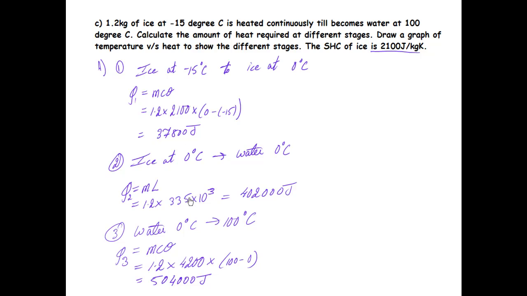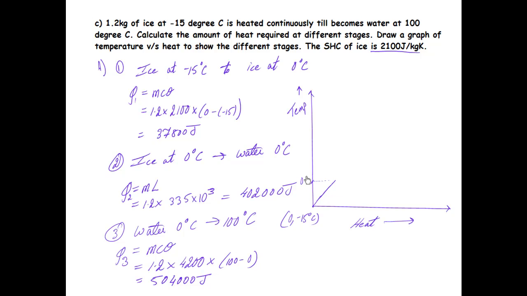Now we need to represent this graphically. So let's take the origin as 0 joules and minus 15 degrees Celsius. So the y coordinate out here is minus 15 degrees Celsius, and the ice was heated up from minus 15 degrees Celsius to 0 degrees Celsius.